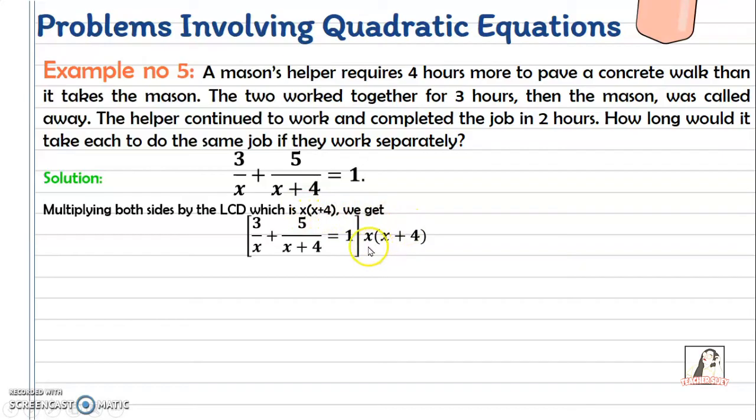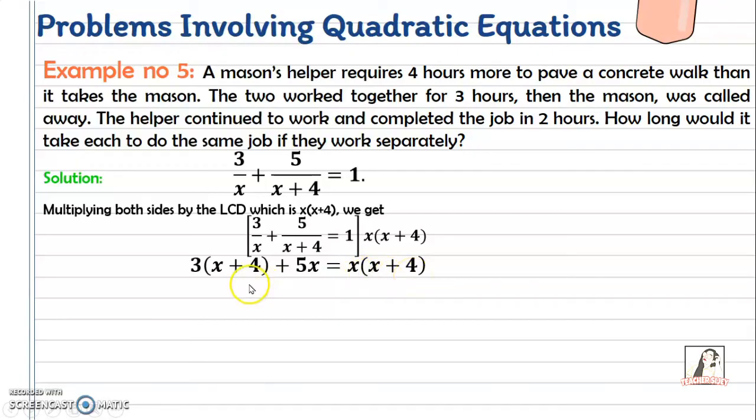So, we have x times x plus 4 divided by x is x plus 4 times 3. Okay? And then x times x plus 4 divided by x plus 4 is equal to x times 5. So, we have 5x. X times x plus 4 times 1 is equal to x times x plus 4. So, ito po iyon. We have 3 times x plus 4 plus 5x equals x times x plus 4.